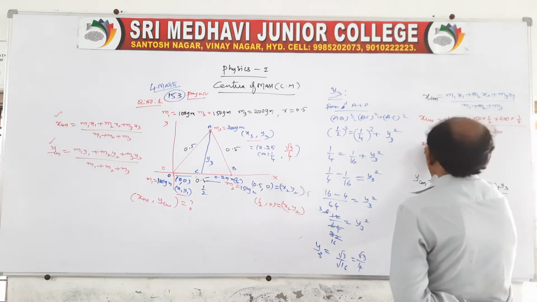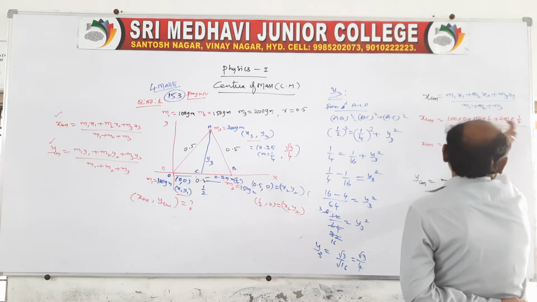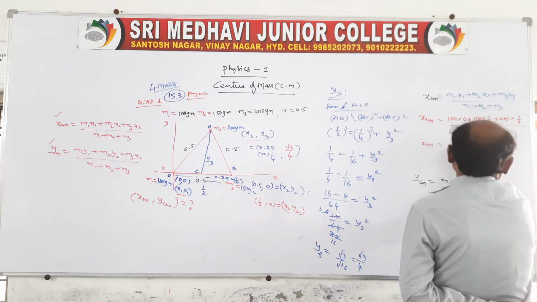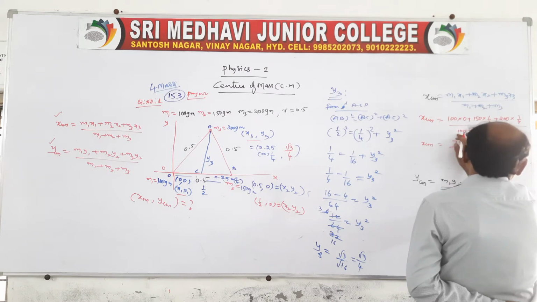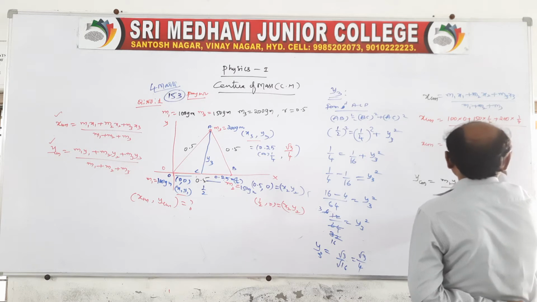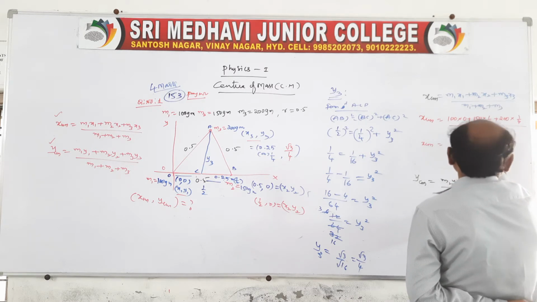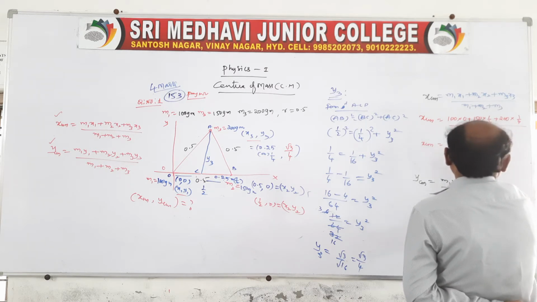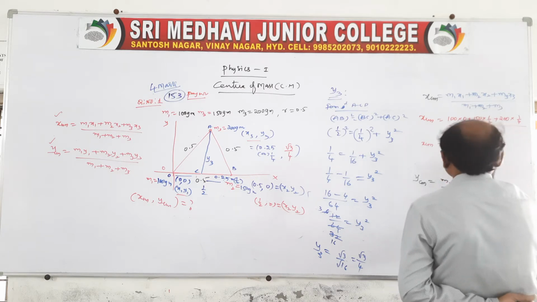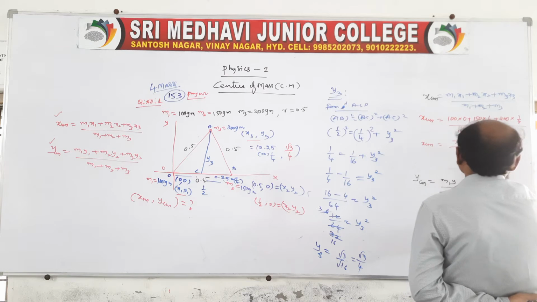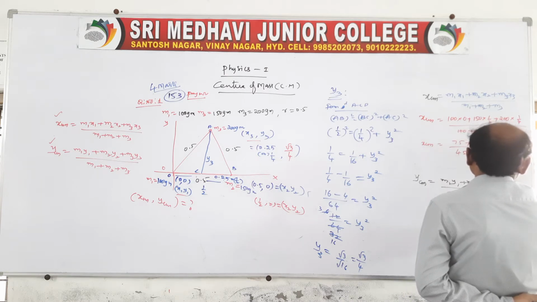So XCM is equal to 75 plus 4 fives are 20, 4 fives are 50, divided by 450. So it is equal to 75 plus 50, approximately 125 by 450.